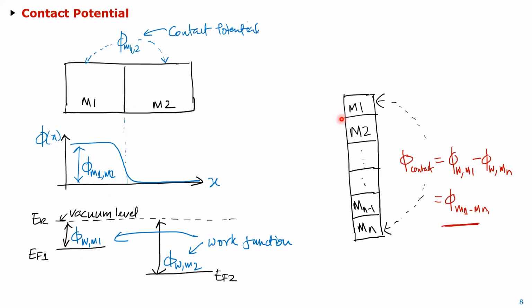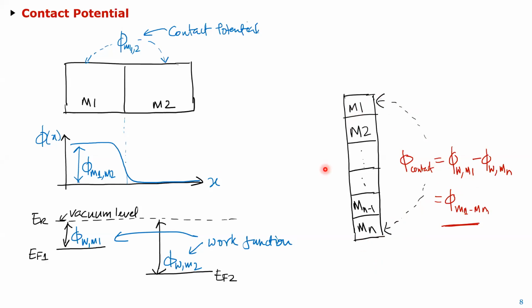Now, the interesting thing is that if I take a stack of n materials, starting with M1, then M2, M3, M4, and so on up to Mn minus 1 and Mn, and I look at the potential between these two end points, then the contact potential is actually the work function difference between these last two materials.